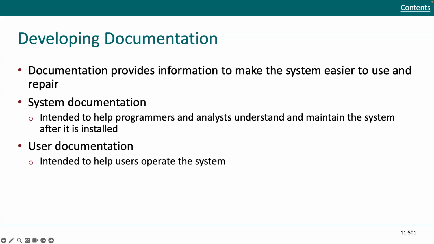Well, for developing documentation, documentation provides information to make the system easier to use and repair. The system documentation is intended to help programmers and analysts understand and maintain the system after it's installed. User documentation is intended to help users operate the system.